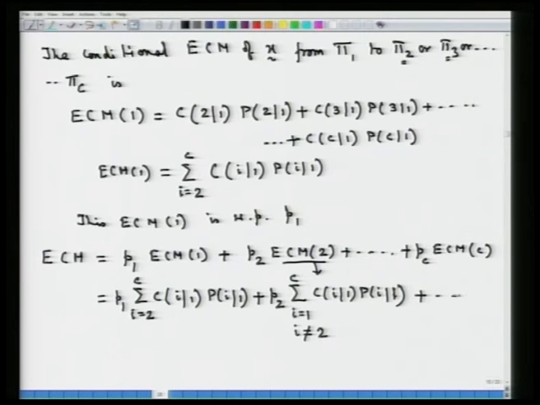Now, in a similar manner we can write the other terms. The last term would be equal to the summation i equal to 1 up to c minus 1, since c is going to be left out here, of the same type of terms.